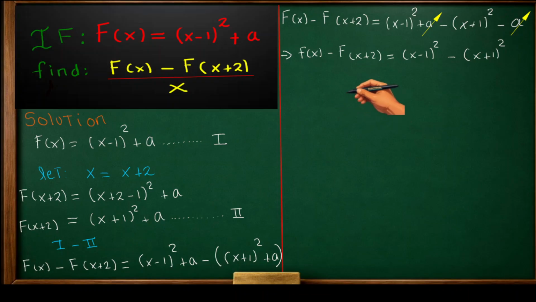Remember the formula: a plus b square is a square plus 2ab plus b square. A minus b square is a square minus 2ab plus b square.